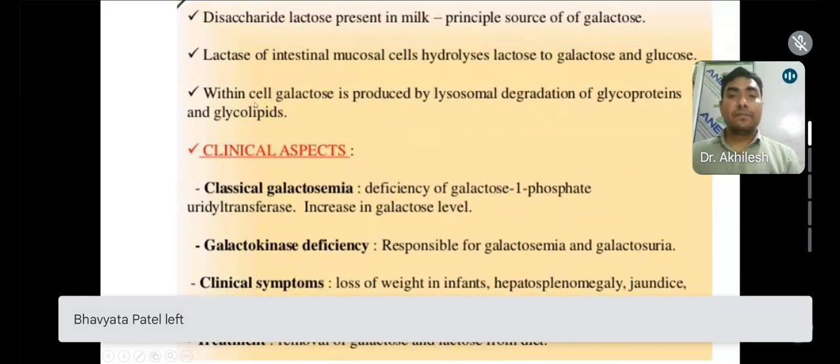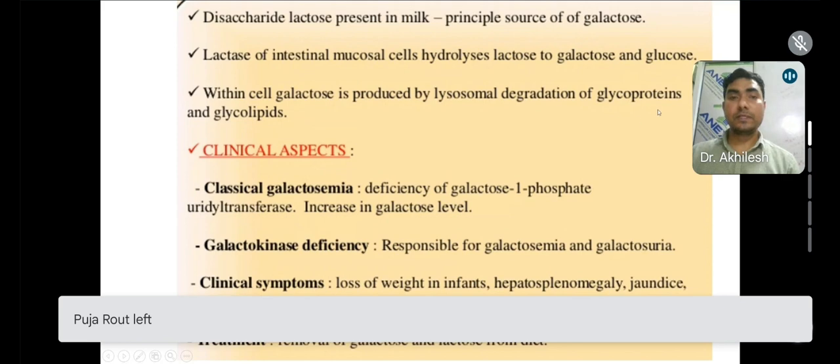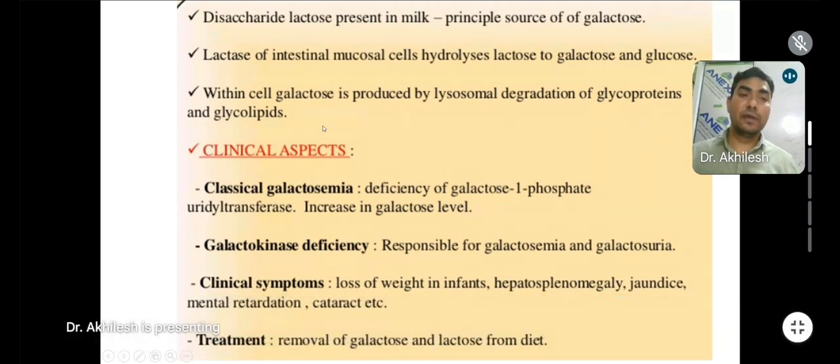Within the cell, galactose is also produced by lysosomal degradation of glycoproteins and glycolipids, which have membrane and receptor functions. Various diseases are associated with galactose or lactose metabolism, called galactosemia.